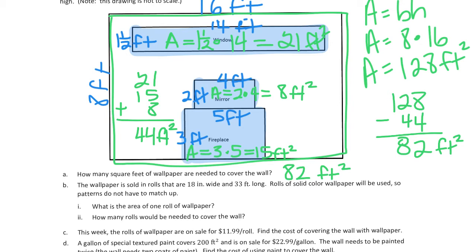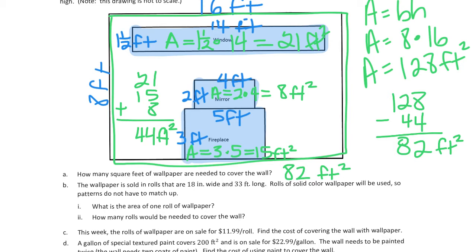Rolls of solid colored paper wallpaper will be used so patterns don't have to match up. So if you've never seen someone do wallpaper before, if it has a pattern to it, you have to buy extra so that you can match up patterns from one row to the next. But because they're going to use solid, we don't have to worry about that.